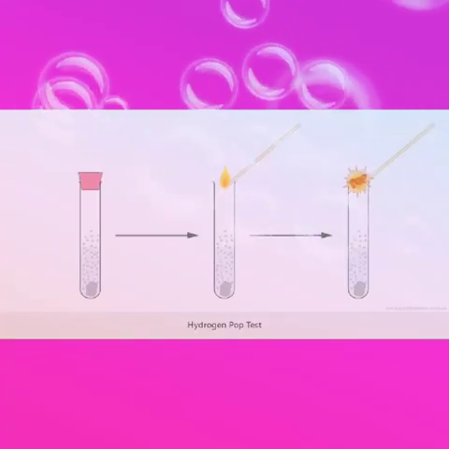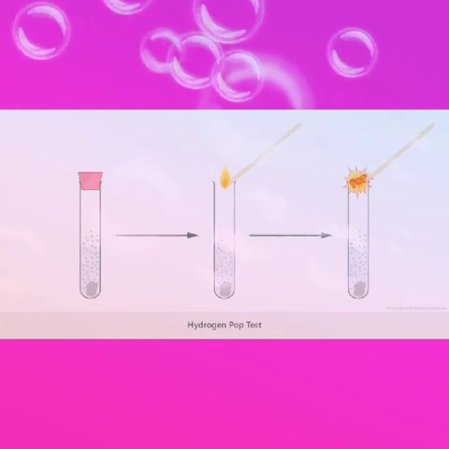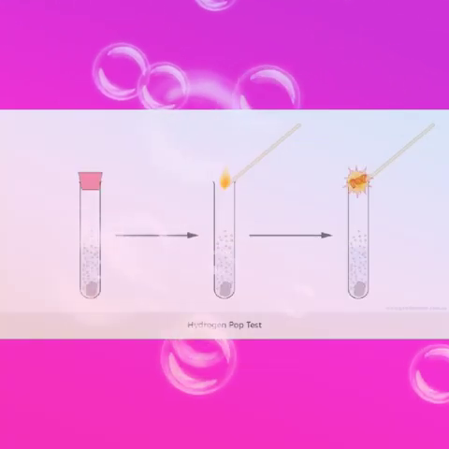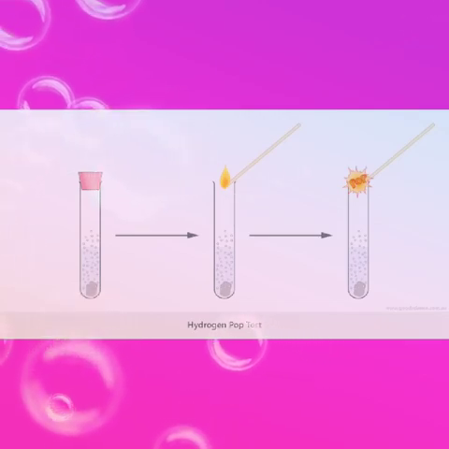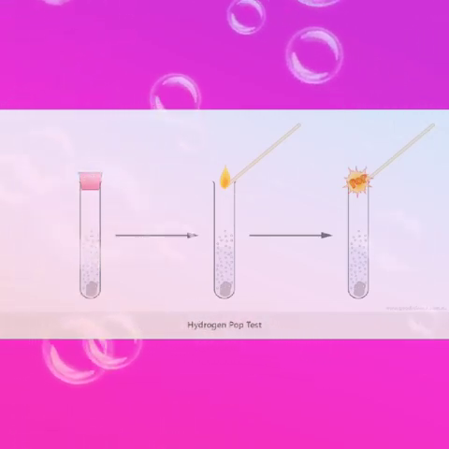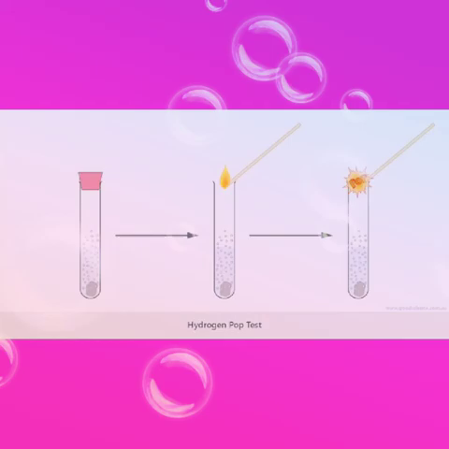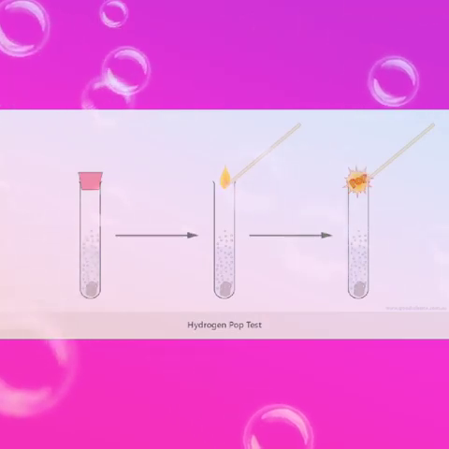Now bring a burning splinter near the mouth of the test tube and open the lid of the test tube. The splinter produces a pop sound, indicating the evolution of hydrogen.